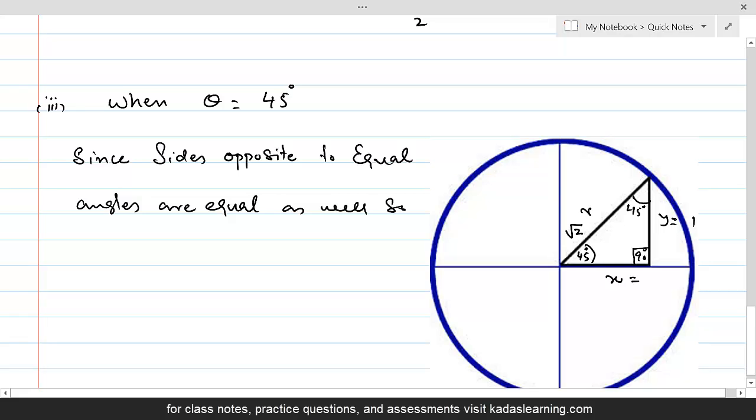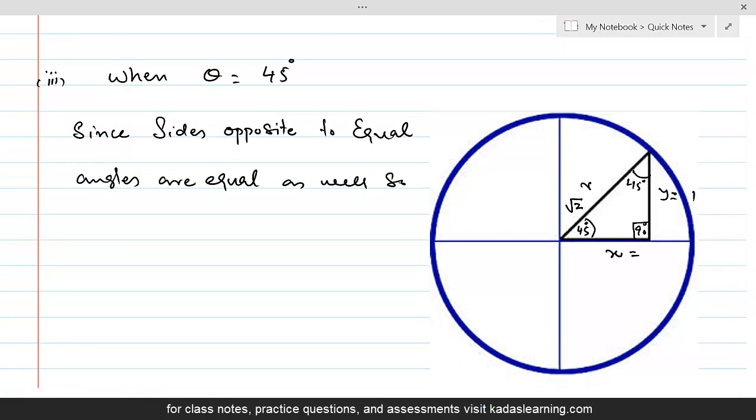So in that case, if this is equal to 1, y is equal to 1, and this is under root 2. But if you want to take this as radius r, then this would be r over under root 2 and r over under root 2 as well.